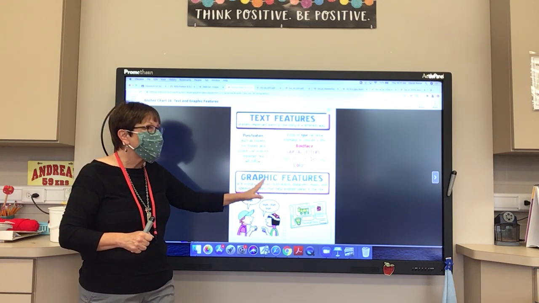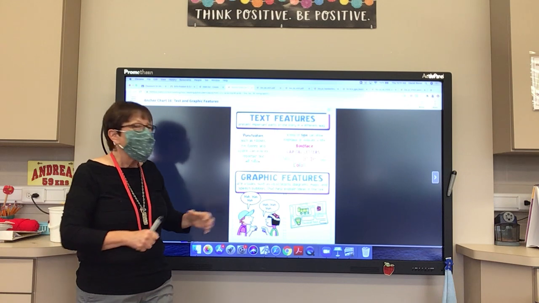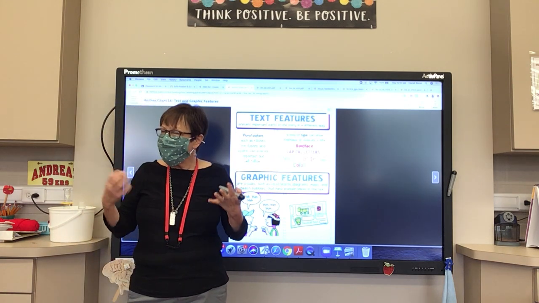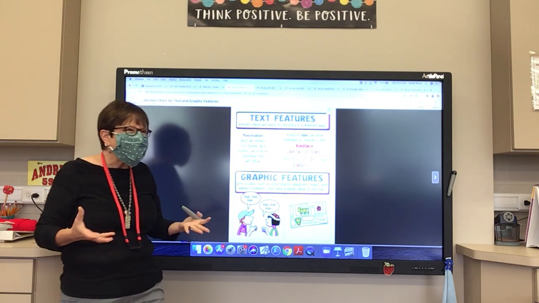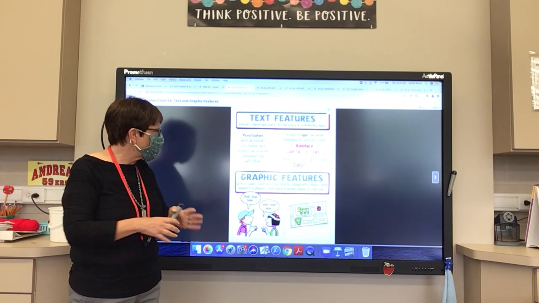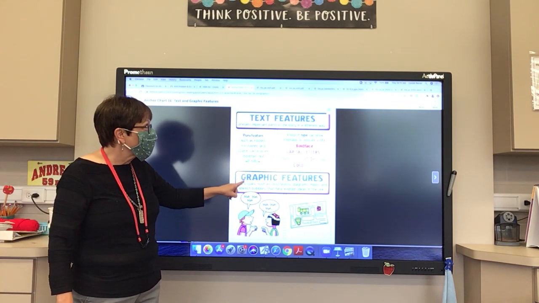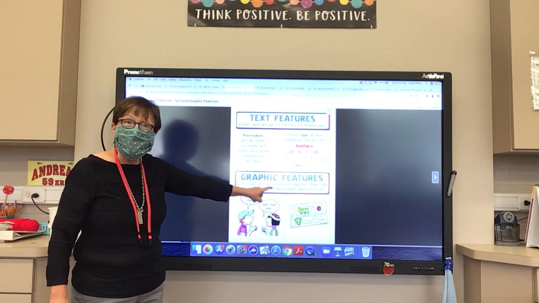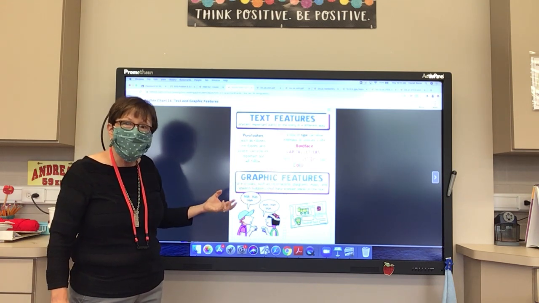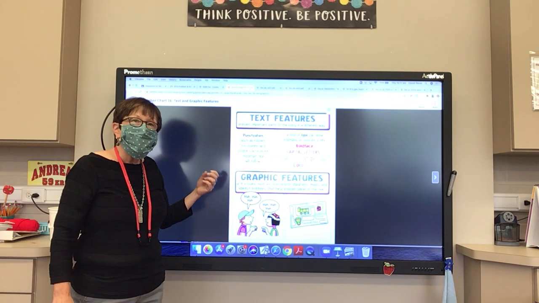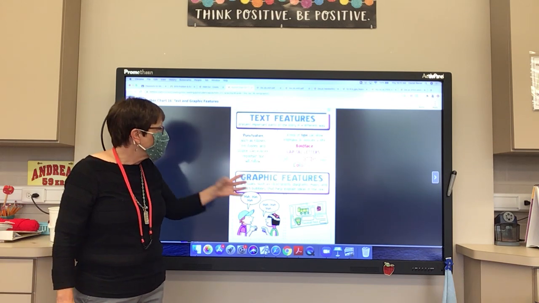Now, we also have graphic features. Graphics are things like maybe pictures or charts or tables. So graphic features are visuals such as illustrations, which is a picture, a chart, a diagram.